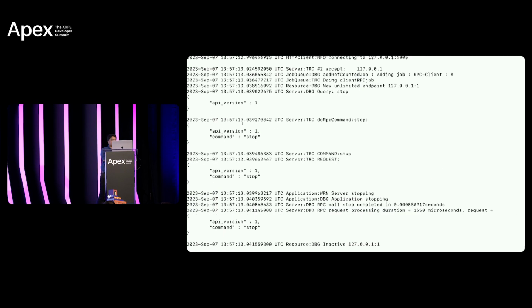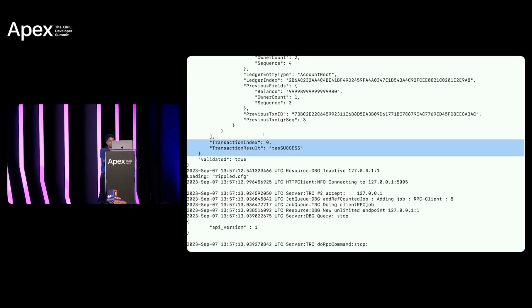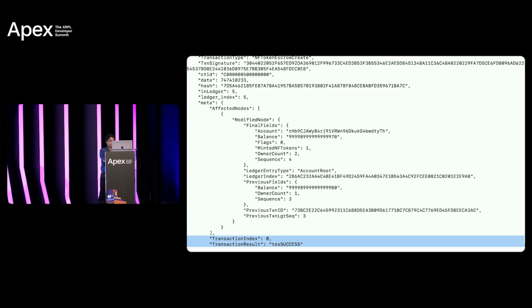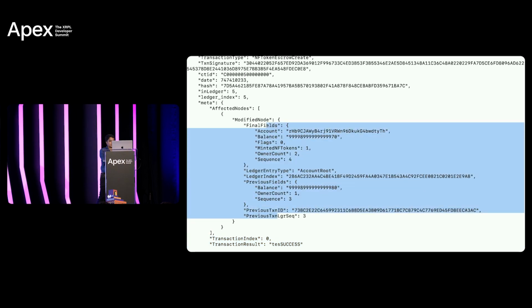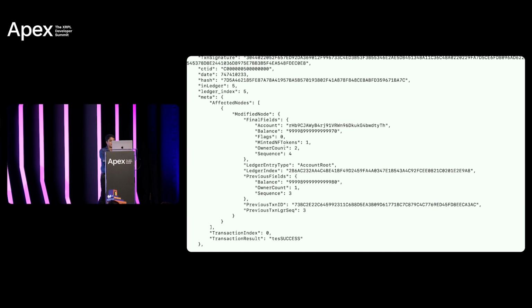All right. So if we scroll up to our output, you can see that we have our NFToken escrow create. This is our little transaction here. It was validated with the tesSUCCESS, and some stuff was minted. Yeah, nothing really happened, because we haven't done anything yet.